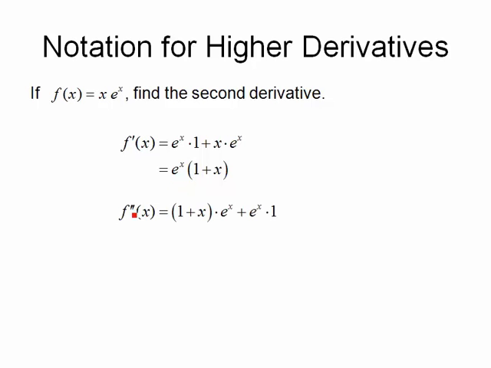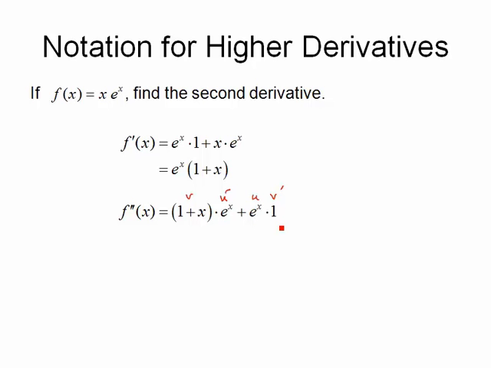So f double prime is going to be v, which was the 1 plus x, times u prime, which was the derivative of e to the x, plus u times v prime, so e to the x times 1. So my product rule gives me the quantity 1 plus x times e to the x plus e to the x times 1.